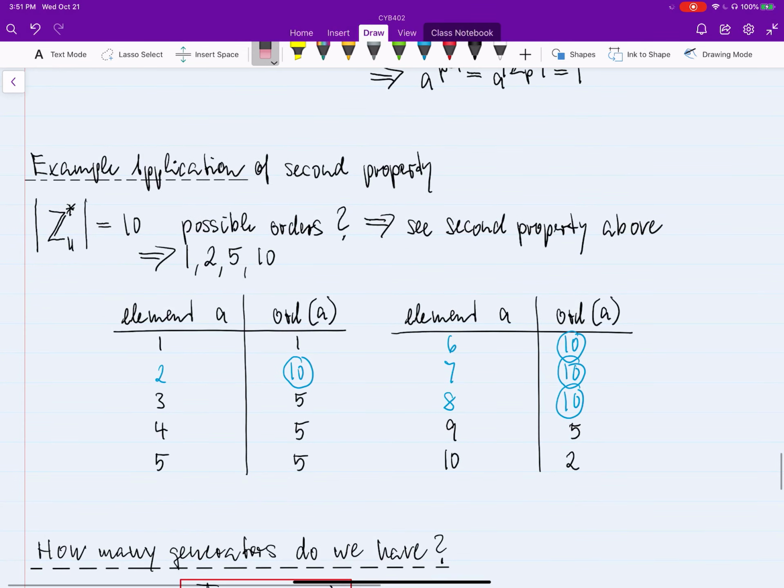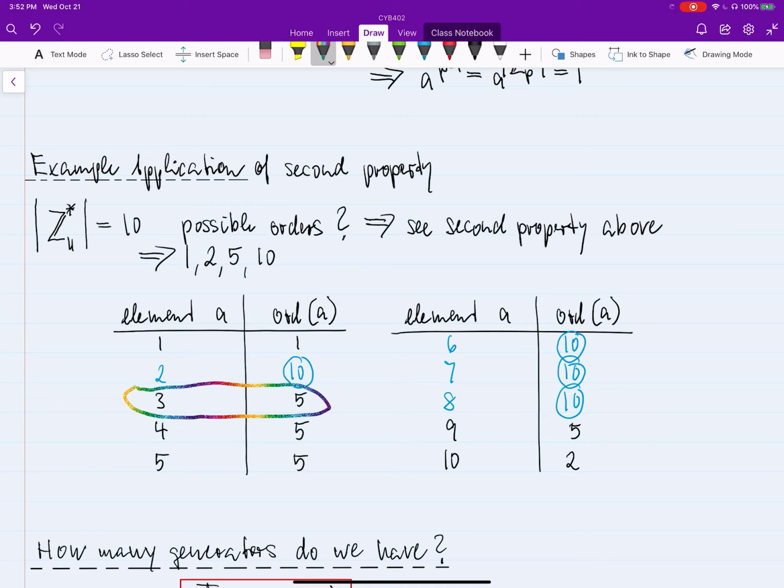Now the blue numbers here you see are the desirable ones because those are the generators. Okay. But what you also see is that we have element 3, for instance, which has the order of 5.